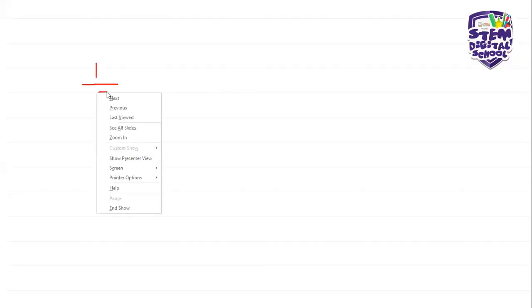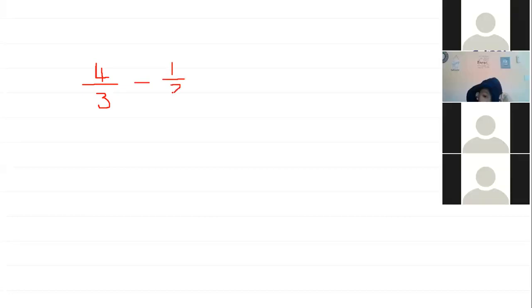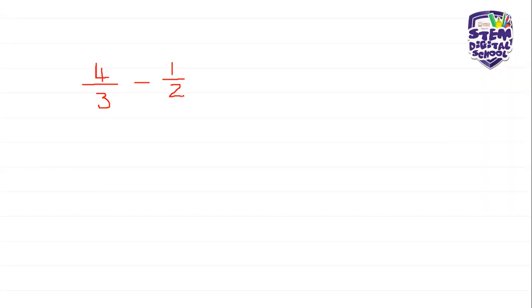So I have a fraction like 4/3 minus a half. Let's make it a bit hard. Right, so let's say that you are afraid of finding the lowest common multiple.